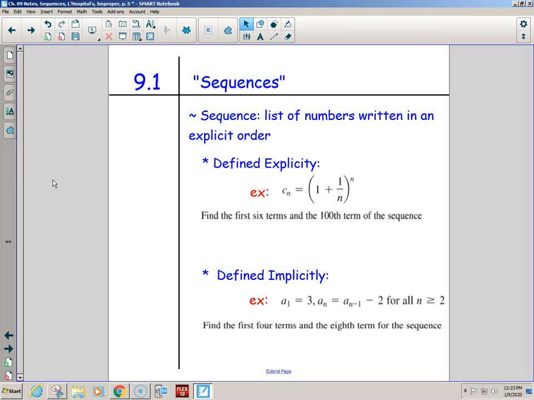How prices have risen in Bob's Snack Shack over the last 5 years. So sequences, basically a list of numbers separated with commas. It's not a sum, those are series. Just a list of numbers.